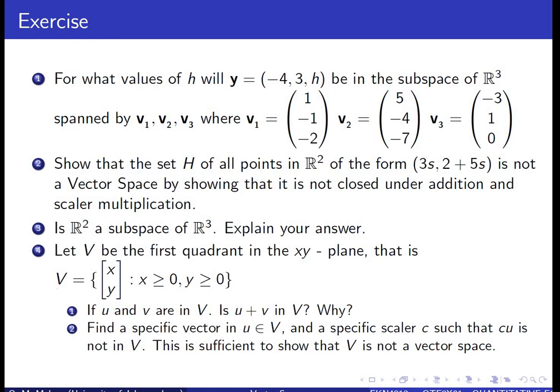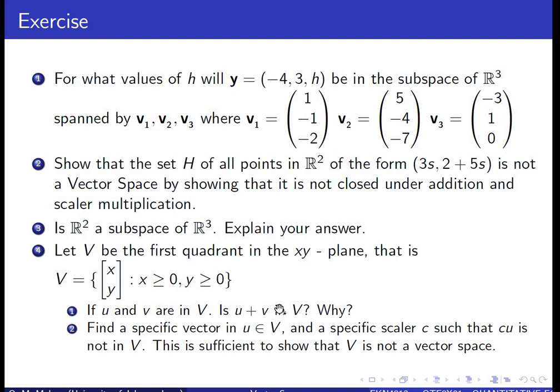It does not look like elements of R3 at all. So it cannot be a subspace of R3. Because in order for a given set to be a subspace, first of all, it should be a subset of such a space, right? When it's a subset, then you have to show that it's a subspace. So clearly R2 is not a subspace of R3.